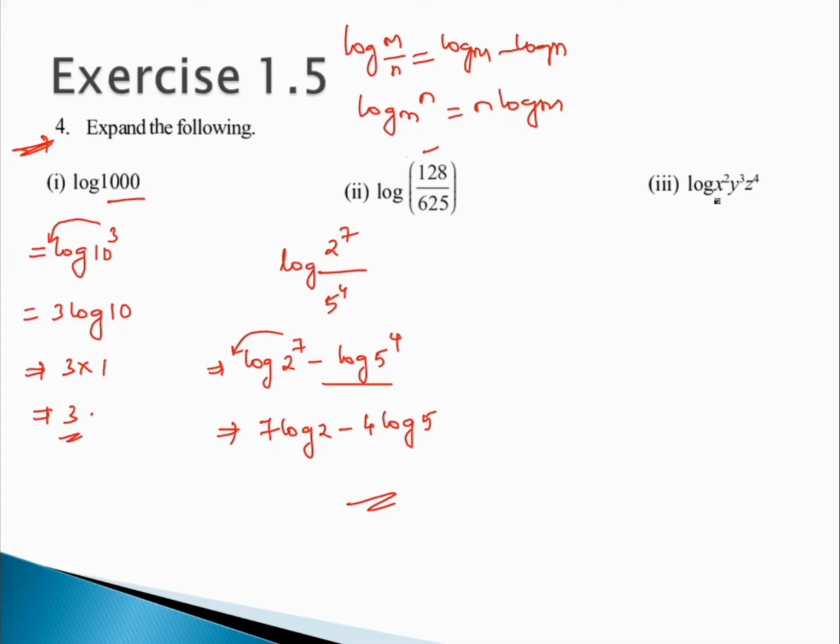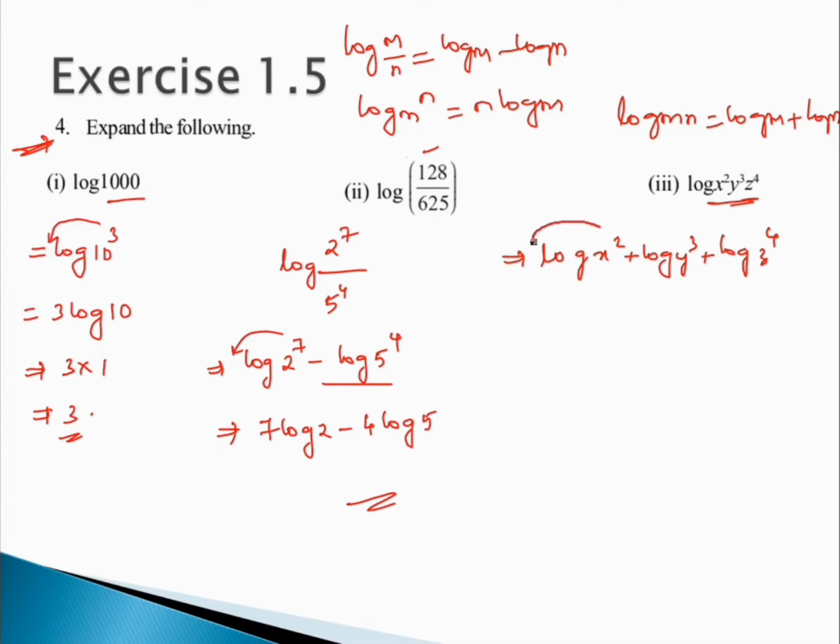So this is x into y into z. So I can directly do the other form, that is log of m into n is log m plus log n, isn't it? So using that formula, I am writing this one as log of x plus log of y cube plus log of z to the power of 4 directly.